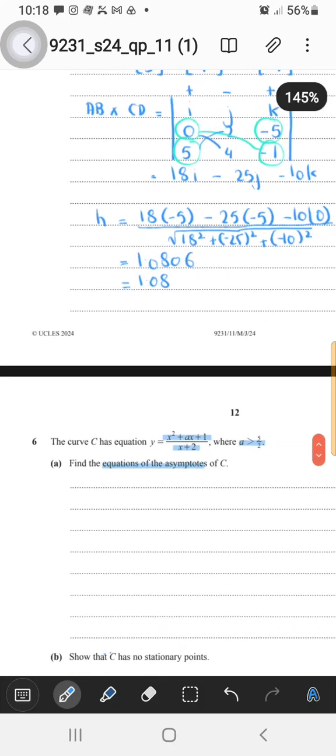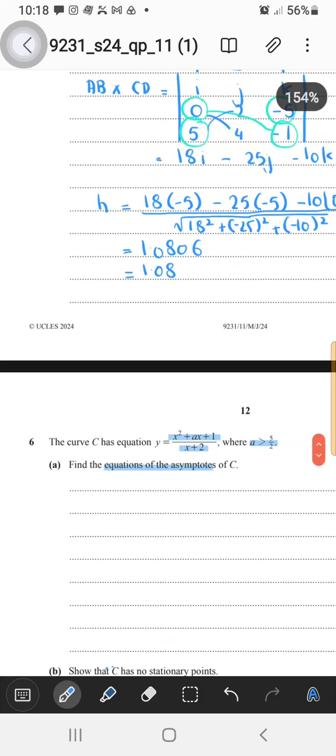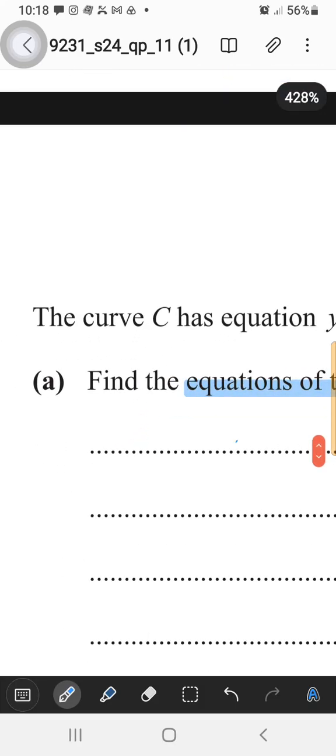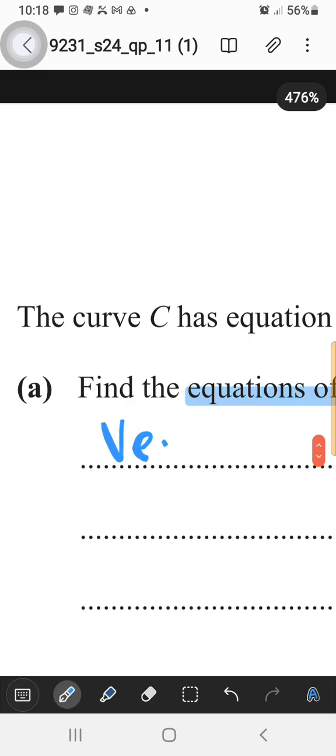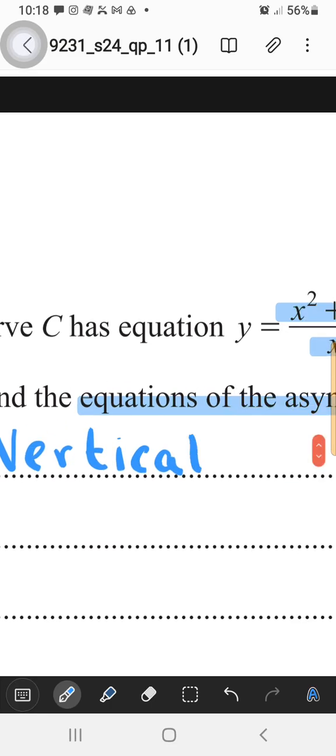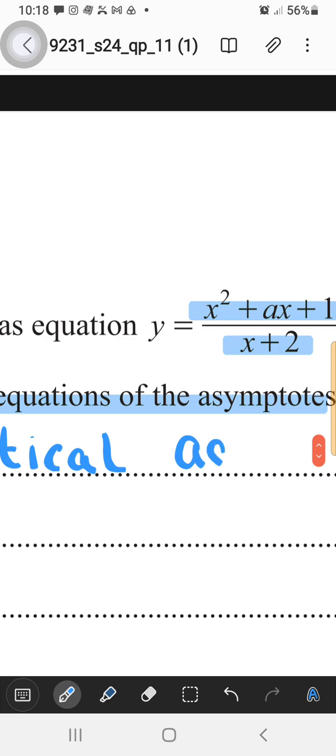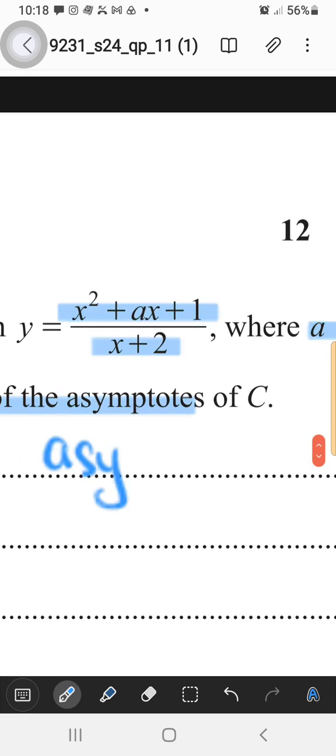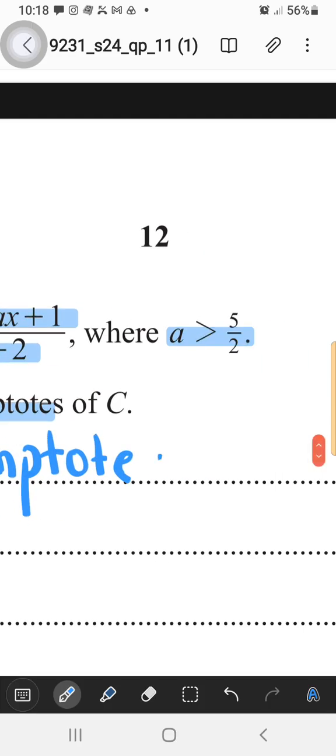Okay, so find the equations of asymptotes. First we will go for the vertical asymptote. What we had discussed, to find the vertical asymptote, we set the denominator equal to 0.